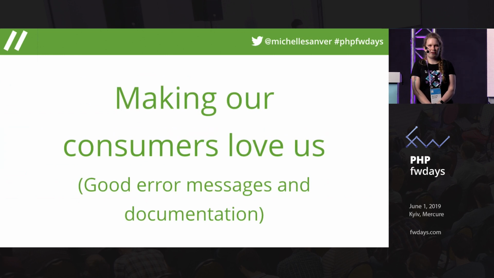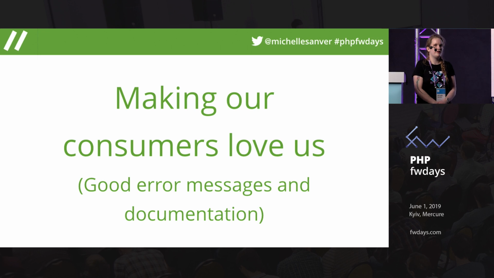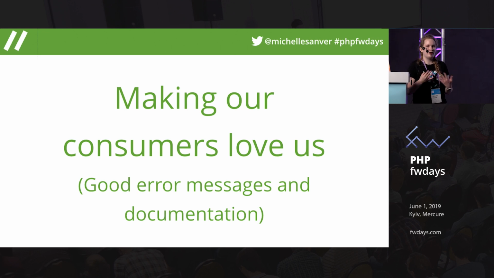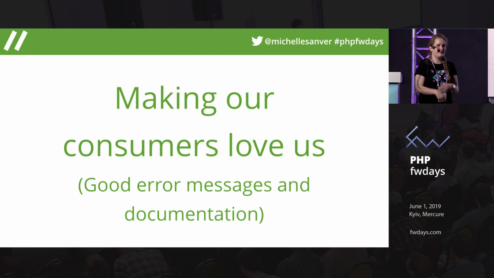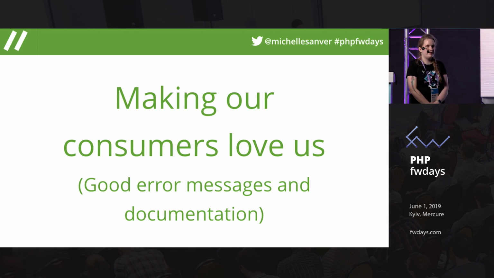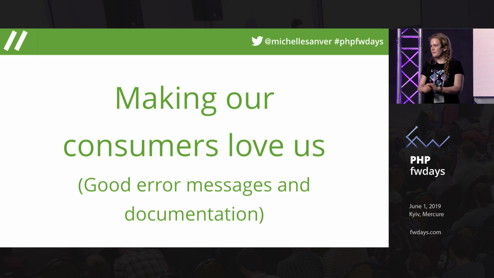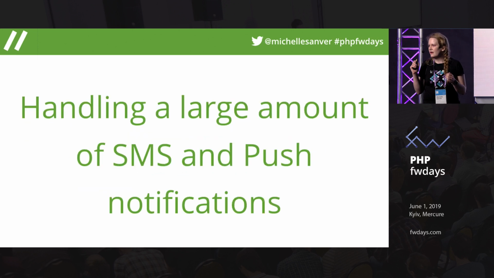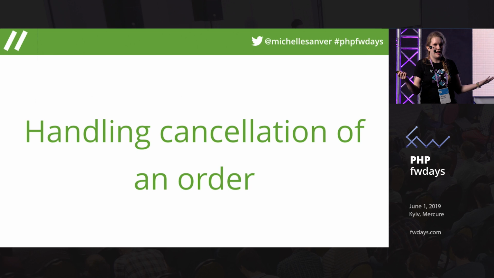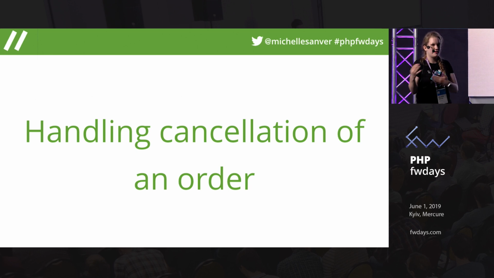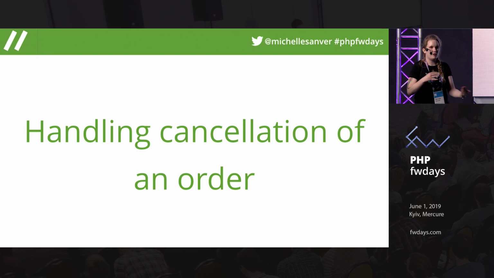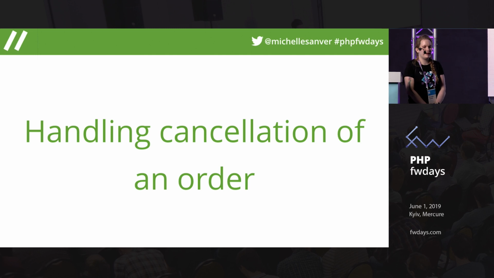So, making our consumers love us, we could hook up logging really easily by hooking it up to the event system. And we can handle cancellation of an order automatically because everything already knows what goes on at all moments, so we basically get that for free.